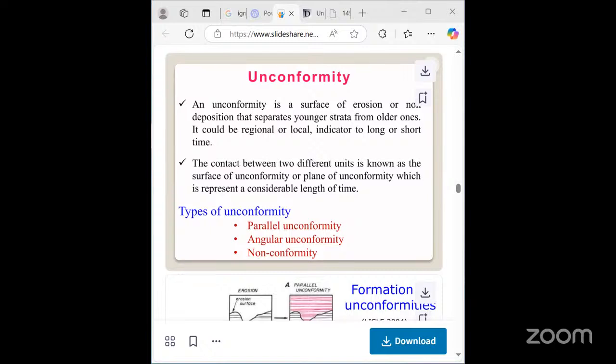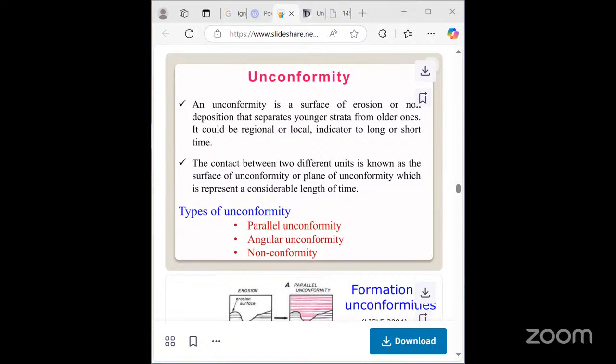Now, different types of rocks are involved in unconformity. Sedimentary rocks may be both above and below the unconformity, right? Or volcanic rocks above and sedimentary rocks below, or volcanic rocks above and below, or sedimentary rocks above and plutonic rocks below, or volcanic rocks above and plutonic below, or sedimentary rocks above and volcanic rocks below.